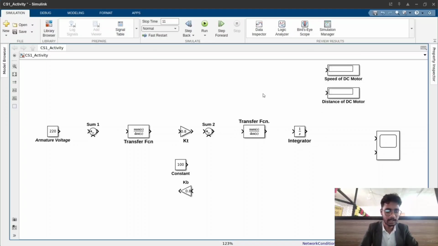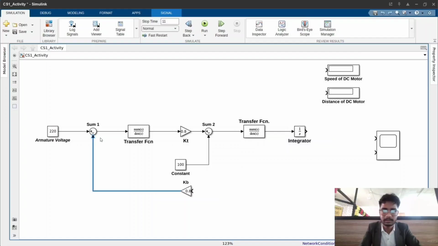Now we see how the connection diagram is made. Armature voltage goes to the summation block, then summation block to transfer function, then transfer function to KT, then to another summation block. Now the output of the summation is given to transfer function 2, and then it is integrated using the integrator.